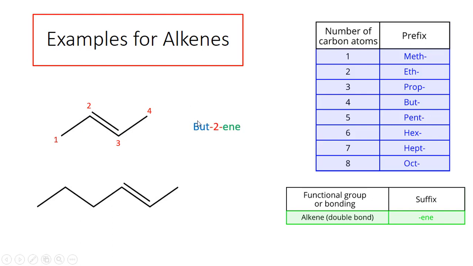So this molecule here is but-2-ene, because it's but with 4 carbon atoms, 2 because that's the location of the double bond, ene. Okay? And we'll do it again with this example. Now what we notice with this example, instead of naming the carbon atoms 1, 2, 3, 4, 5, 6, what we do is we start naming the carbon atoms from the side of the molecule that is closest to the functional group, and in this case it's that double bond.